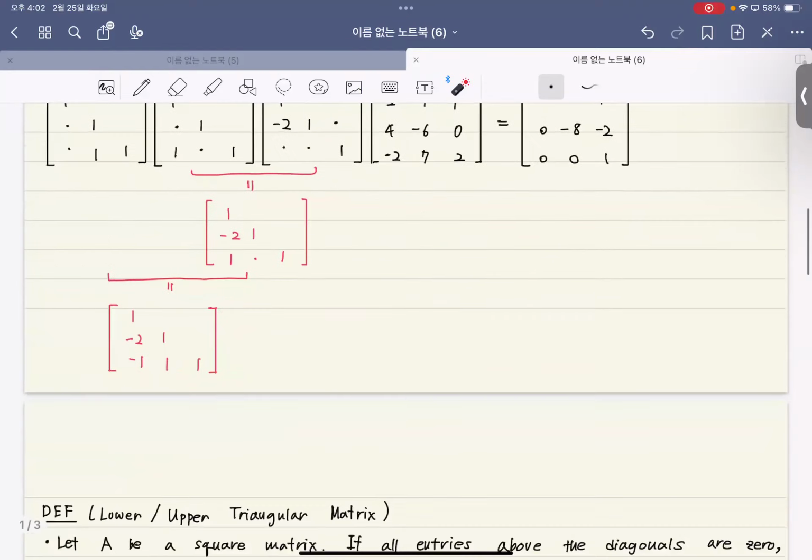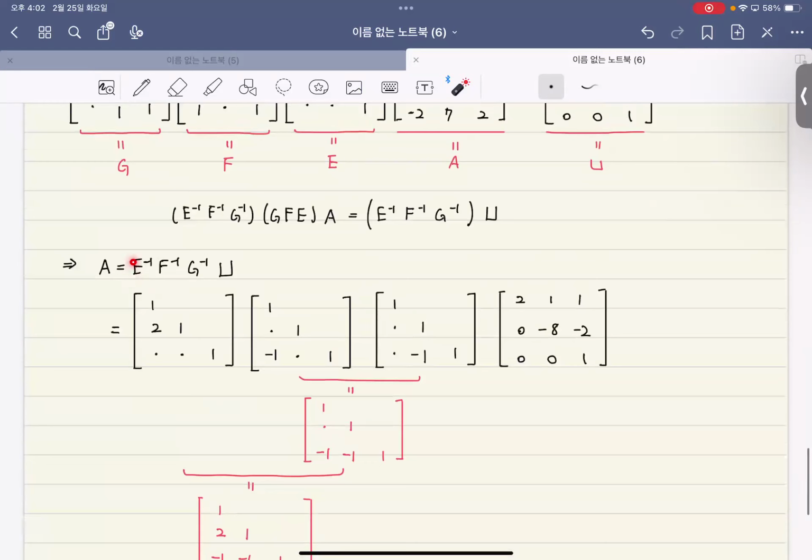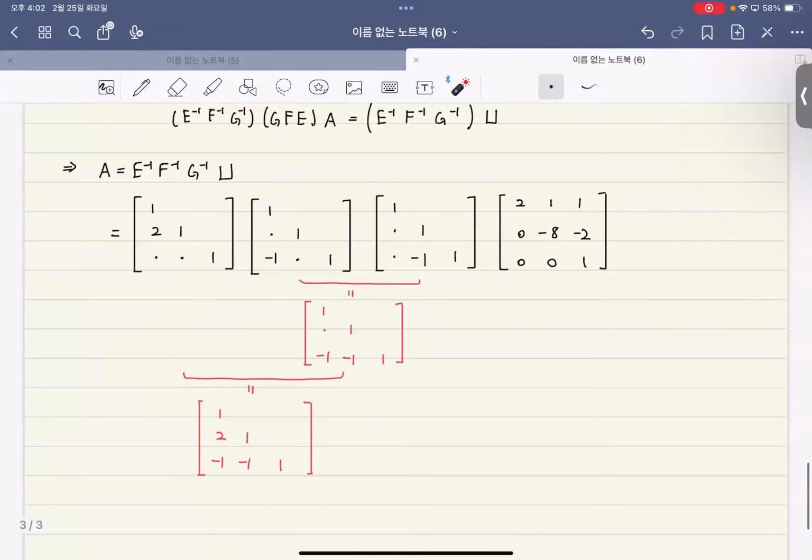But if I multiply these inverse elementary matrices in this order, then you should be able to convince yourself that in this order, the computation of these entries is very easy. Just copy and paste these entries one by one and insert them into the corresponding entries. That is how you get the entries of this resulting matrix.